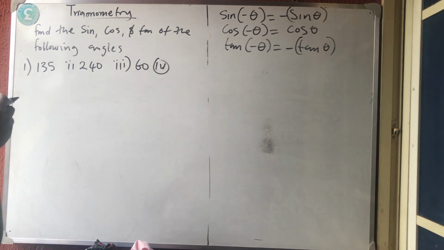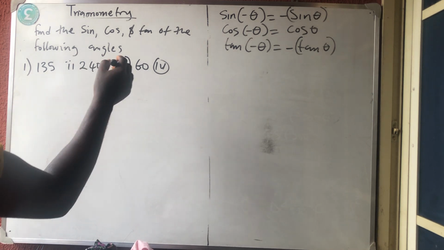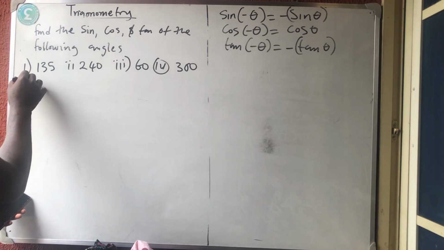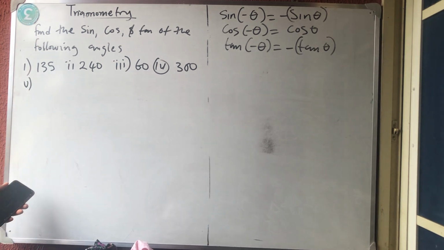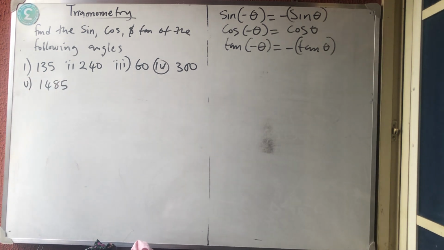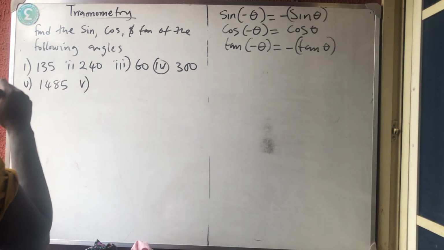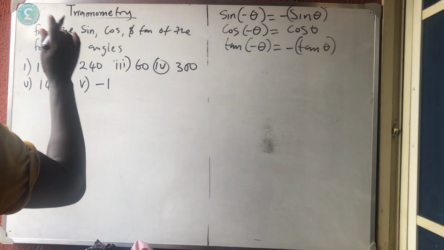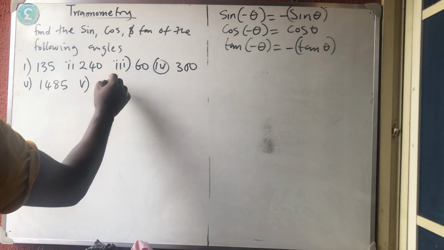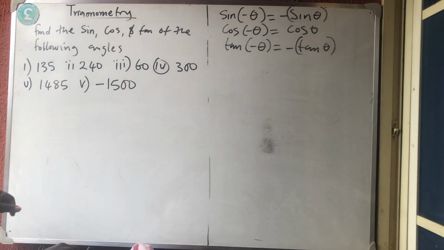Number 4, 300. Number 5, 1485. Number 6, minus 1000, minus 1500. Okay, so let's solve the solution.